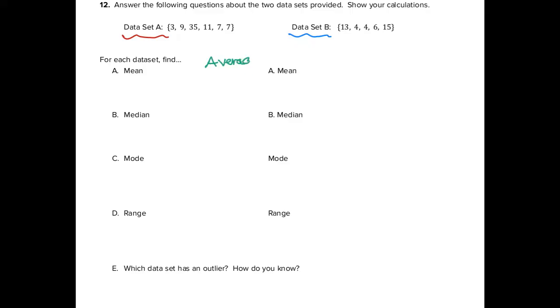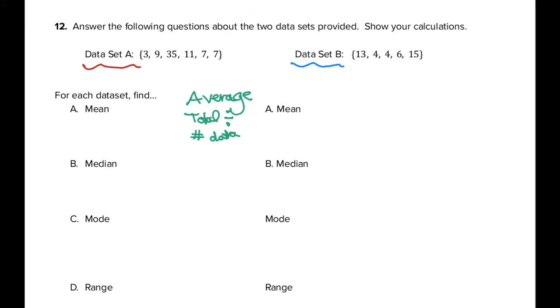So if I want the mean test score of the 7th grade class, I'm looking for the average test score. All right. So you find the total by adding all the scores up, and you divide by the number of data or scores or whatever it is that you have. Okay.